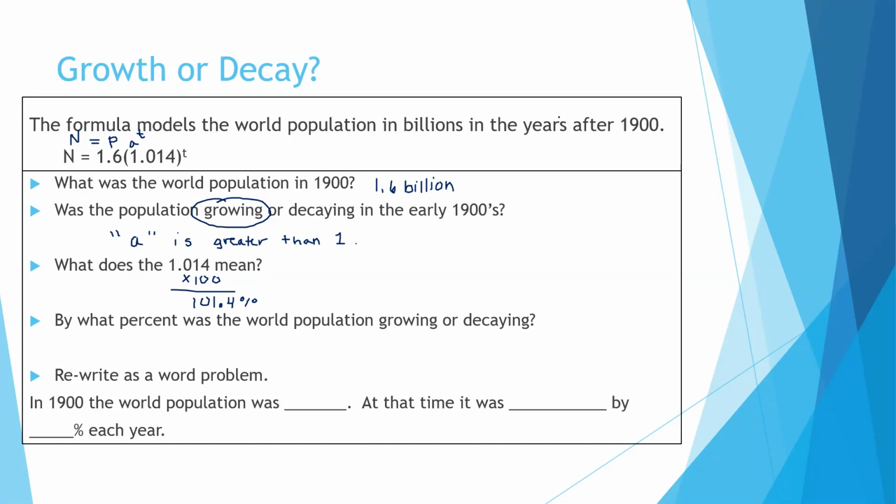So this is telling us, with this problem within years up here, that this percentage each year, the population was 101.4% of the previous year.